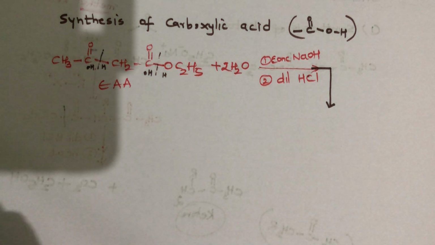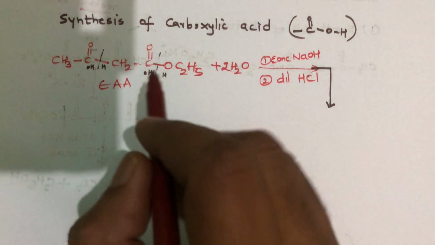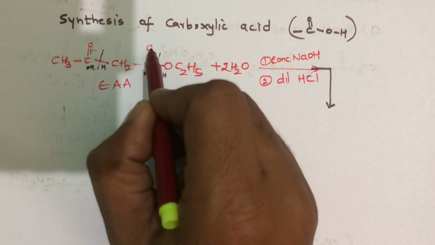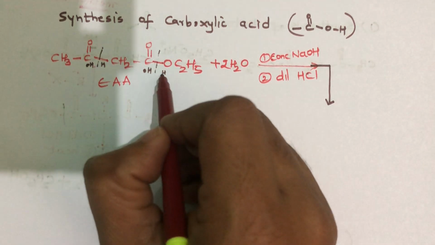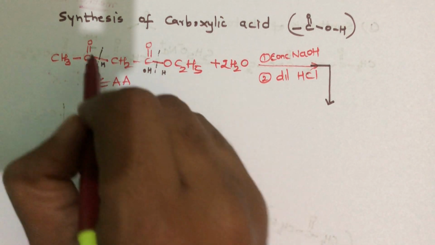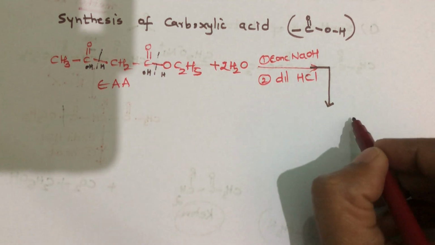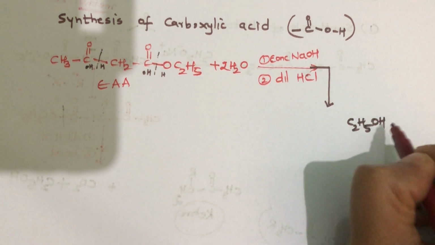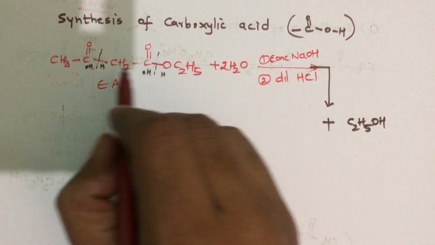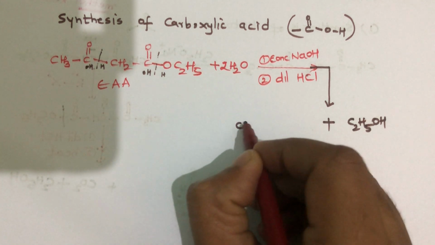So when ethyl acetoacetate is subjected to acid hydrolysis, the carbonyl carbon and the next bond break. So this bond breaks, H and OH add here, this bond breaks and H and OH add, resulting in the formation of one molecule: C2H5OH you get. Okay, what will be remaining? CH3, C double bond O, OH.